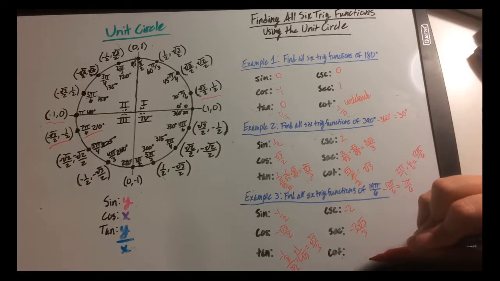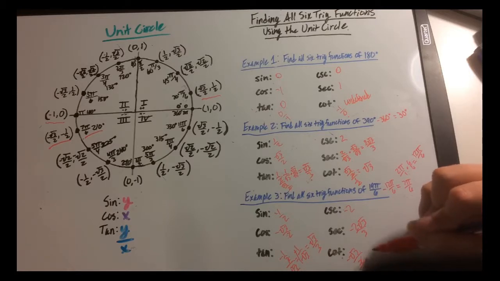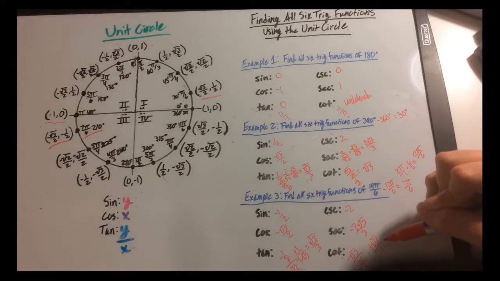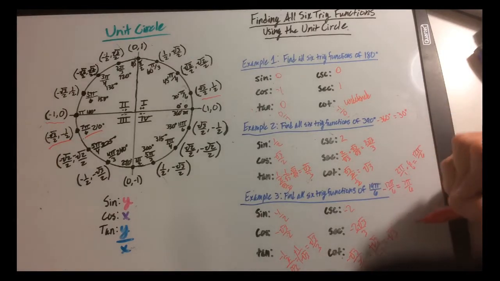And for cotangent, you would have negative square root of 3 over 2 over 1/2 negative, and the 2's would cancel out, and you'd be left with negative square root of 3 over negative 1, and the negatives would cancel out, becoming positive, leaving you with the square root of 3.